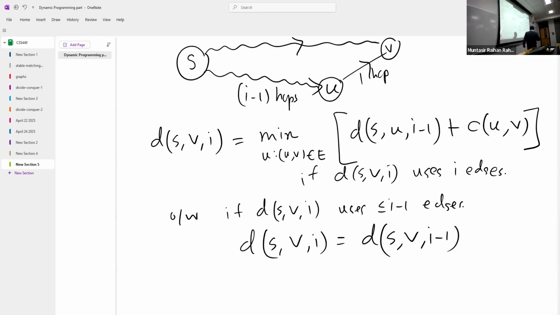So now as we are doing this, what are the variables that are changing as we look at different subproblems? The hop count is changing. The maximum hop count can be n minus 1, so it can range from n minus 1 to 0. And then the other thing that's changing is the neighbor here, which can again be n different vertices.